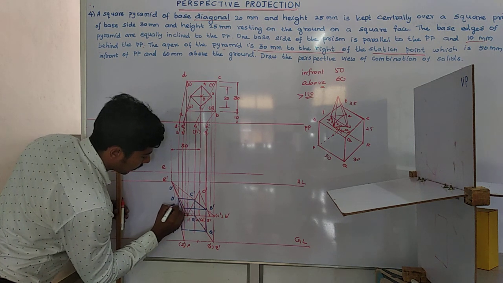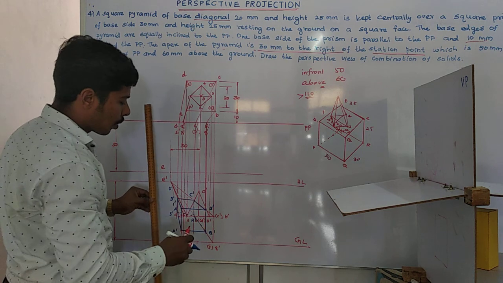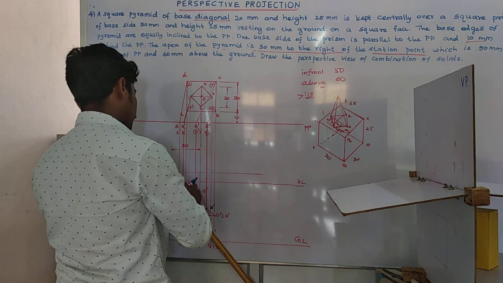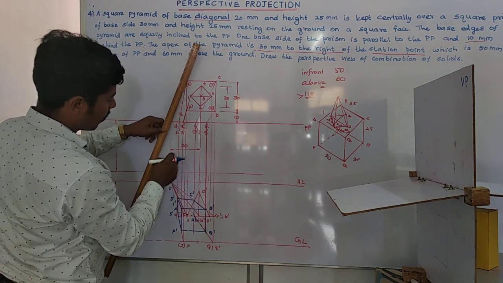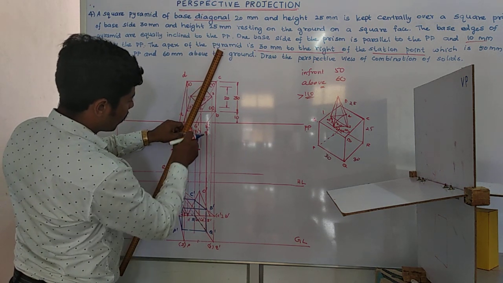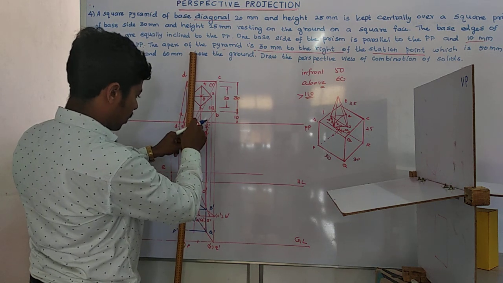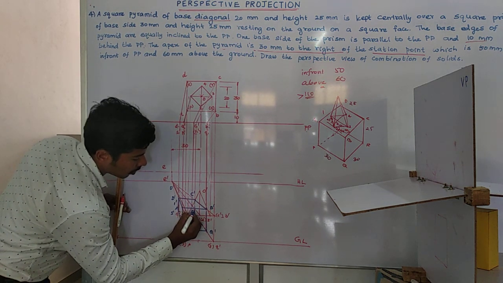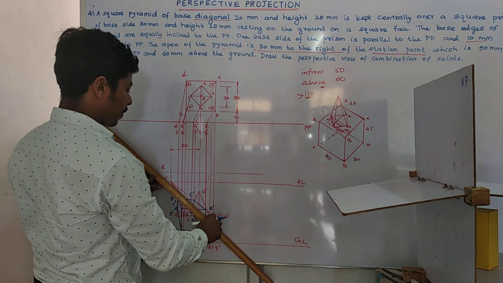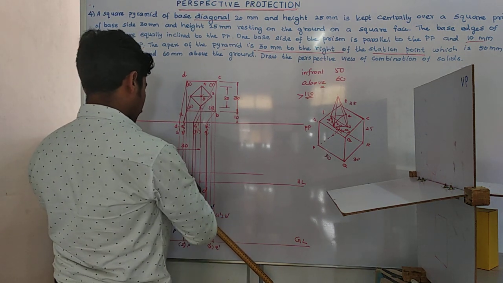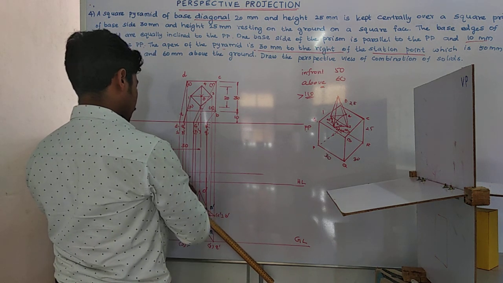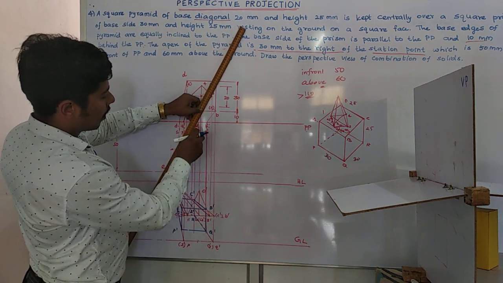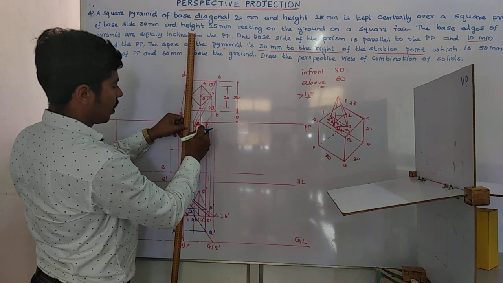Then for 2, this is our 2 dash. Then 3, this is our 3 dash.